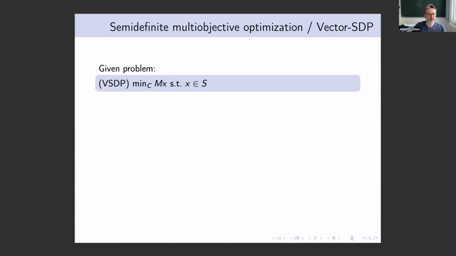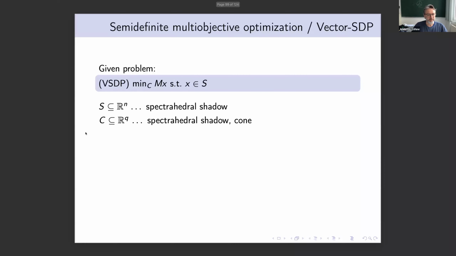Even if X has a low dimension, we can have many more variables here, when at the end we have to write down the linear matrix inequalities and have additional variables here. So S is a spectrahedral shadow, as I said, and the ordering cone C can also be chosen as a spectrahedral shadow. Should be a cone, of course.